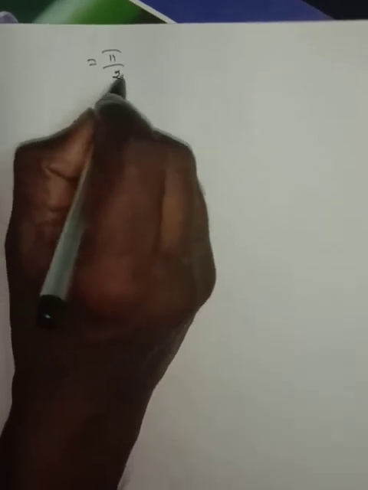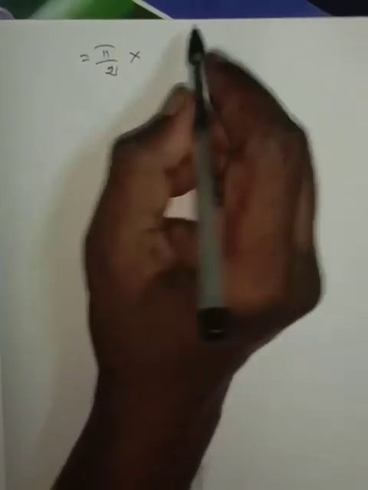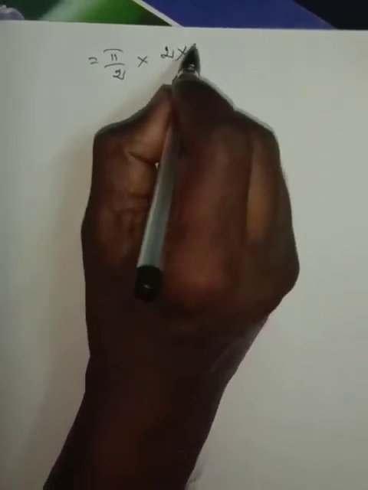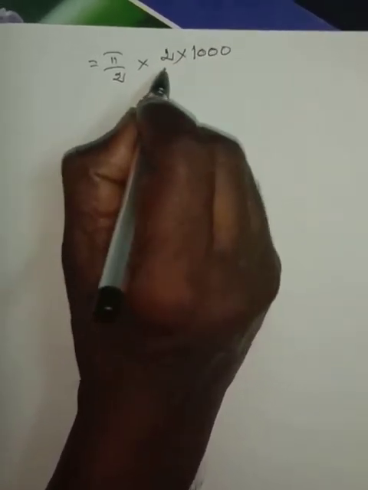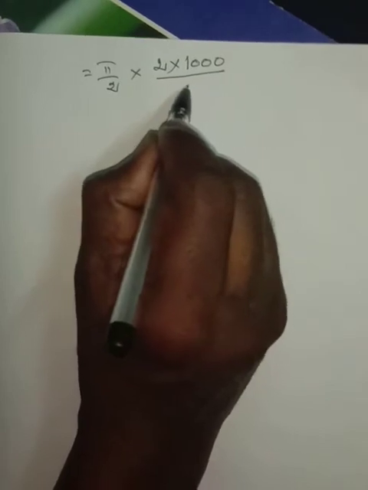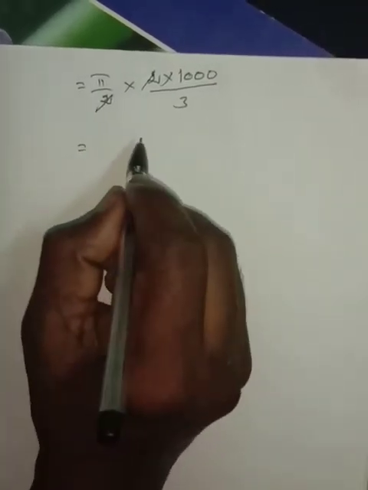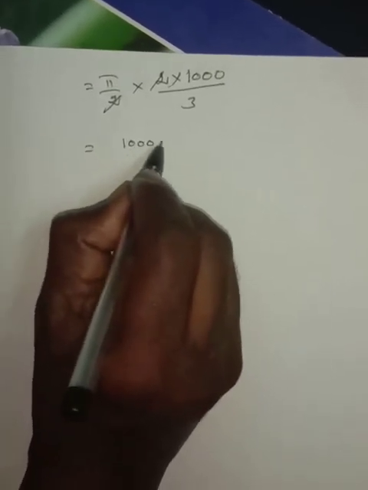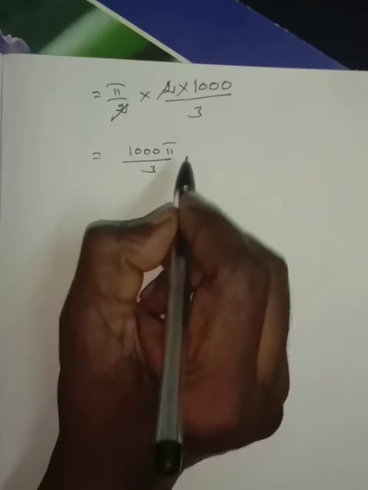Pi by 2 into 2000 means 2 into 1000, cancelling these two we have 1000 pi divided by 3.